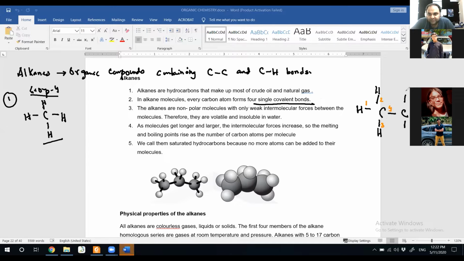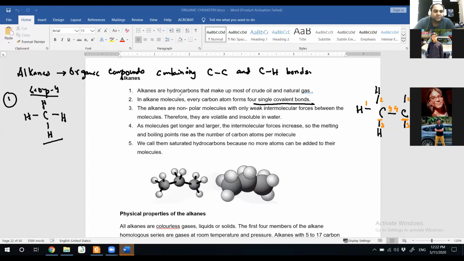Same goes for this one: 1, 2, 3, 4. So from here we can see that each carbon can have 4 different covalent bonds, or it can bond to 4 other atoms.